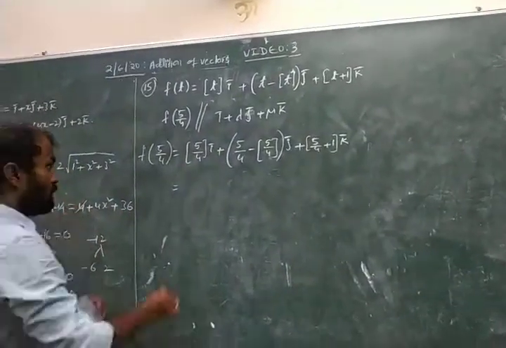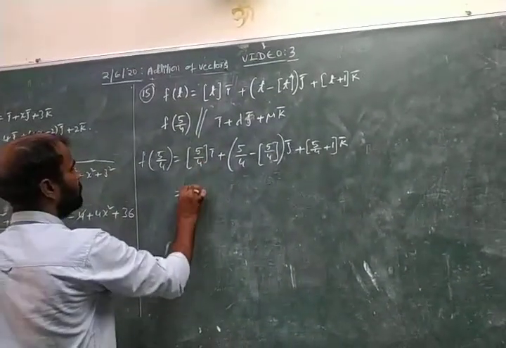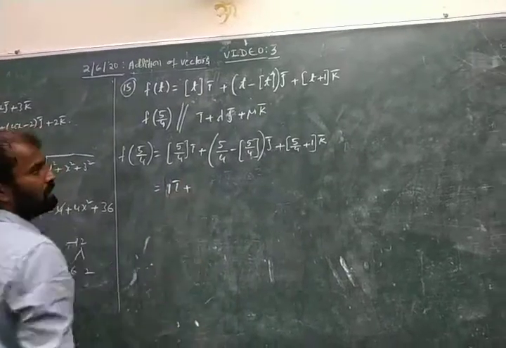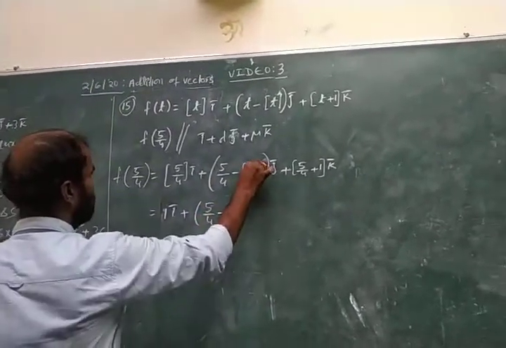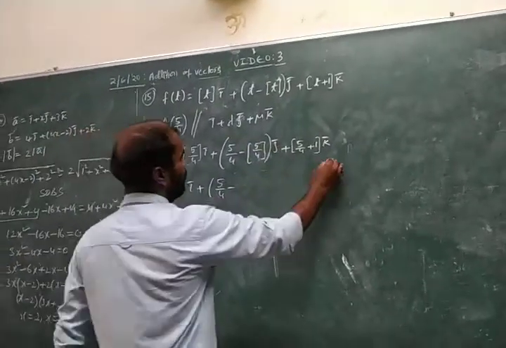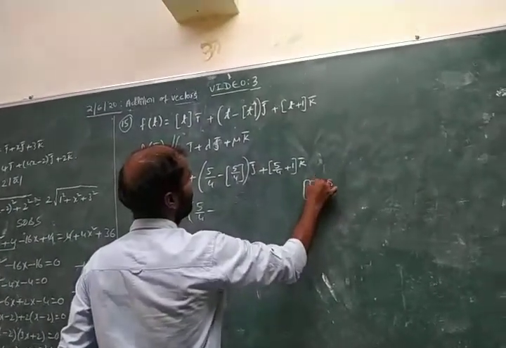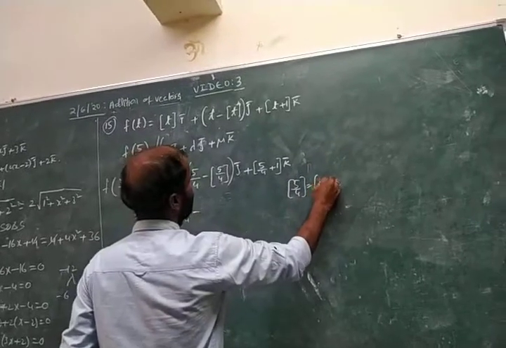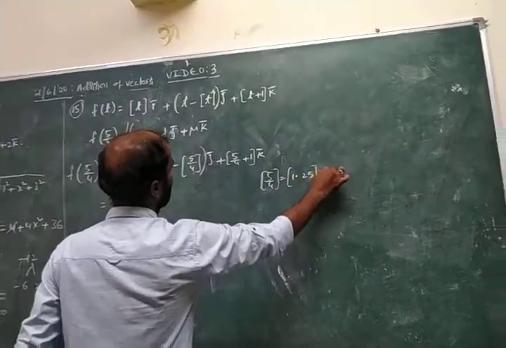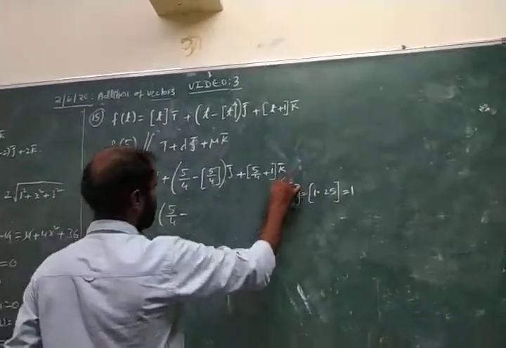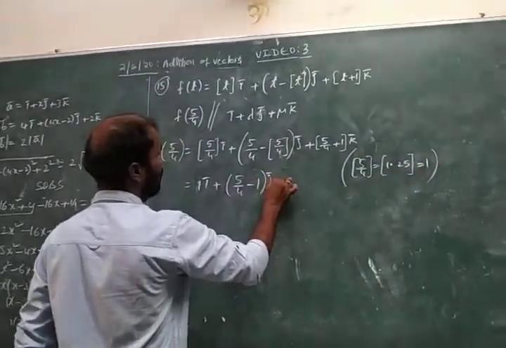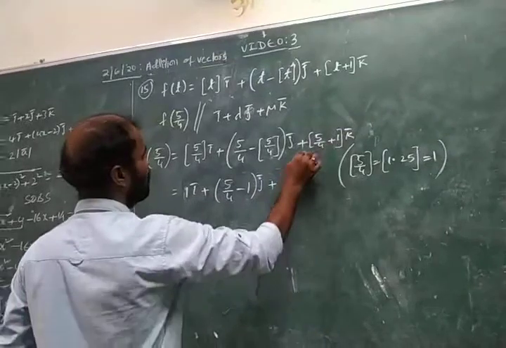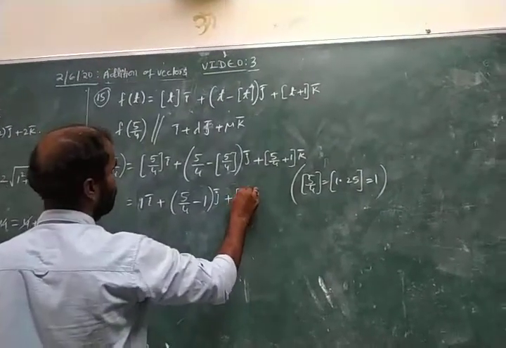Step of 1.25 means 1 only. So 1 into I bar, plus 5 by 4 minus step of 5 by 4, which is 1, into J bar, plus step of 5 by 4 plus 1, that is step of 9 by 4.